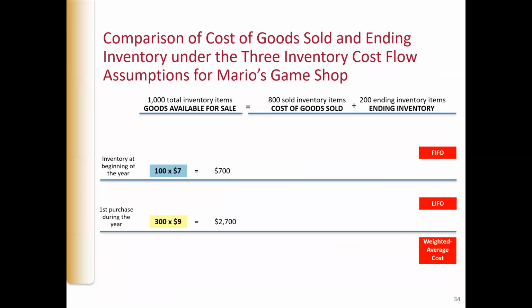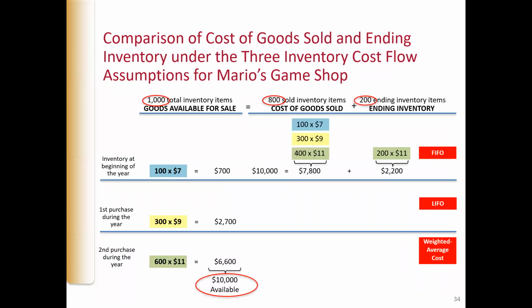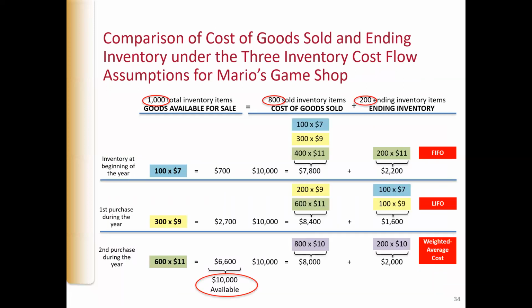So here are the 3 methods we've talked about. You see, using FIFO, we show the cost of goods sold is sitting at $7,800, but the ending inventory is sitting at $2,200.